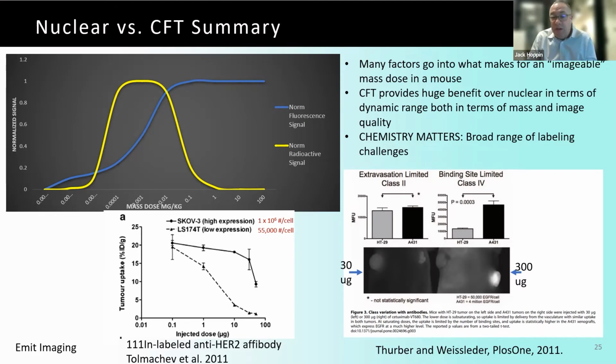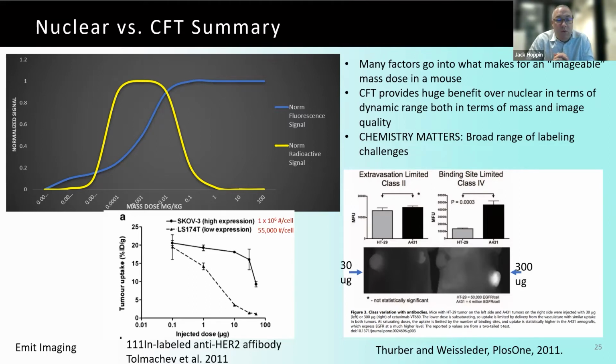Thus, you go to a cut and count experiment where, as I showed with ex vivo, when you put it in a well counter or gamma counter, your sensitivity goes way up, but you've lost the ability to image. With the CFT system, you can image in the tens of nanogram range and for a whole mouse.